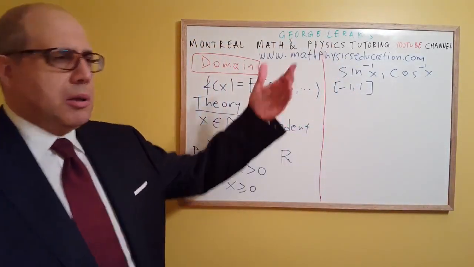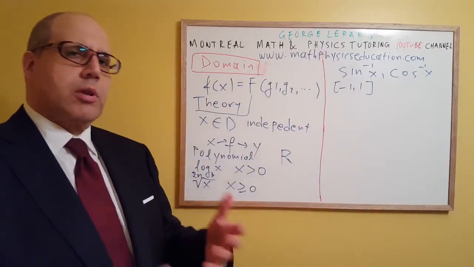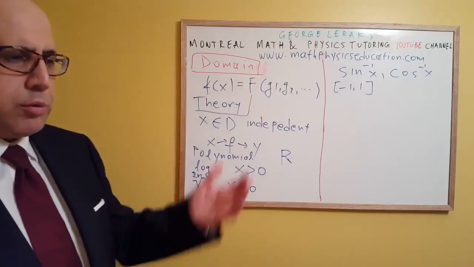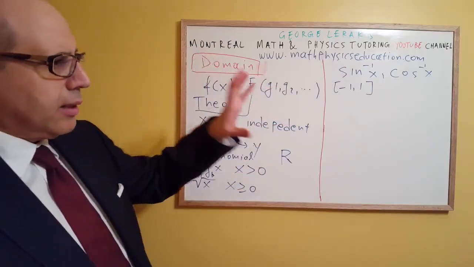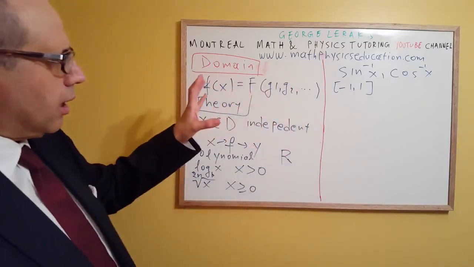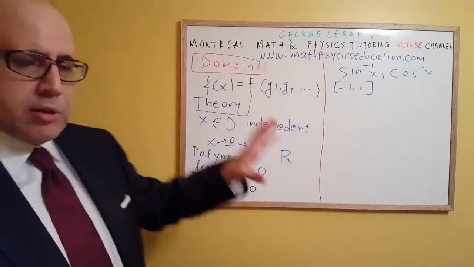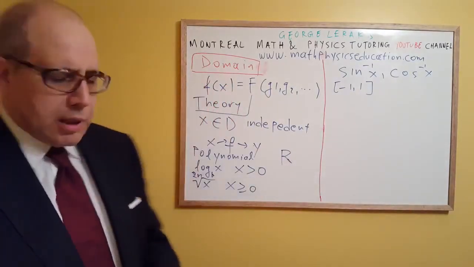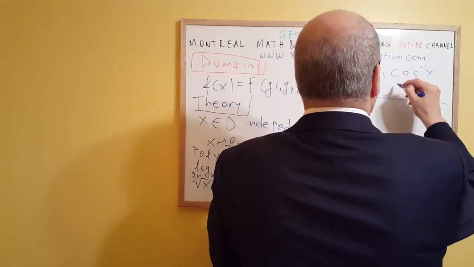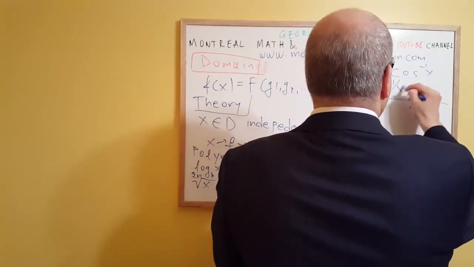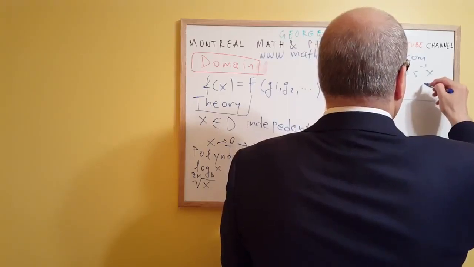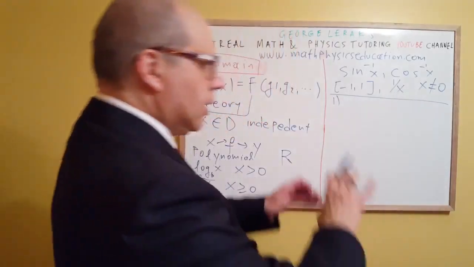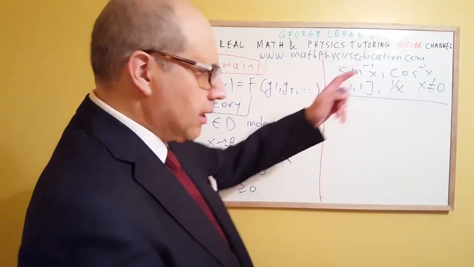And you might have some other functions that you have to deal with, but that's not important. If you follow the rules that I'm telling you, you can find the domain of any function f of x. And there's also the function 1 over x, where x of course cannot be 0. So the domain of this function is all real numbers except the value 0.